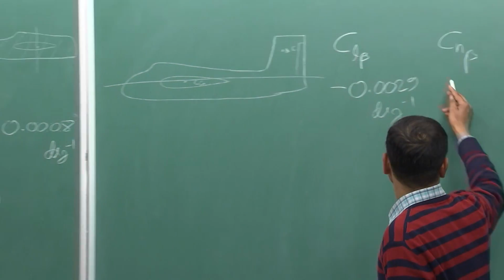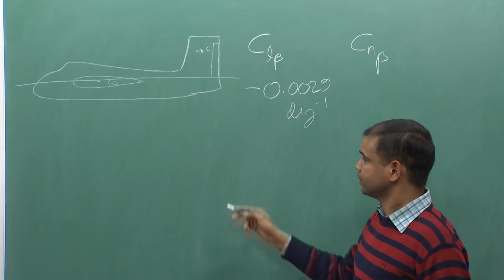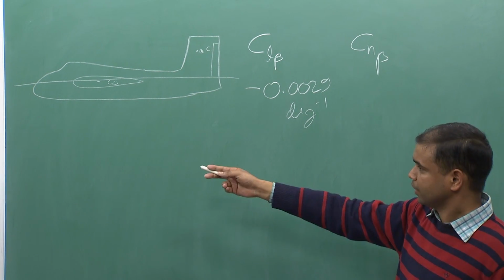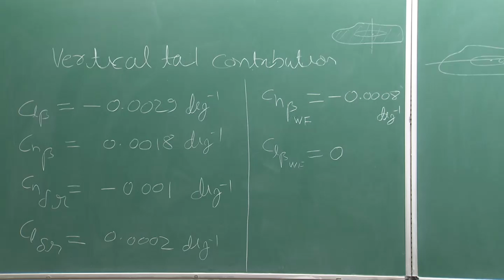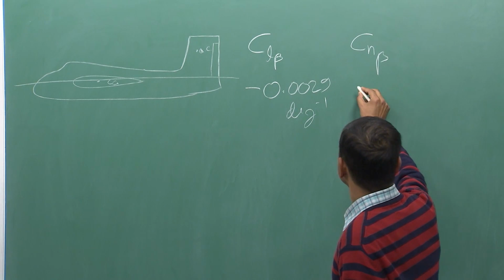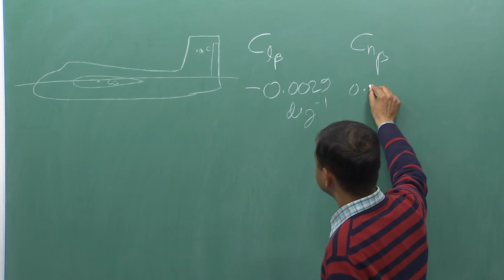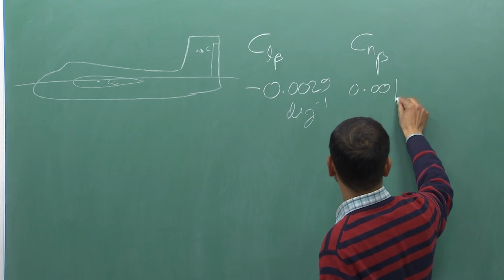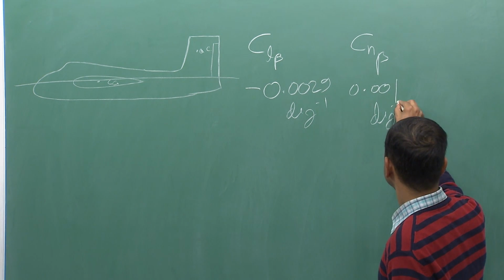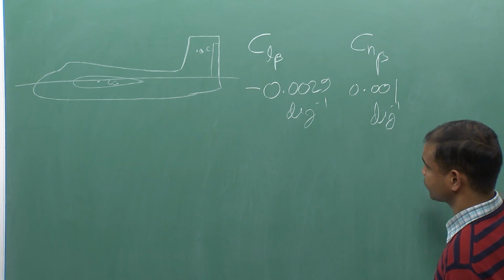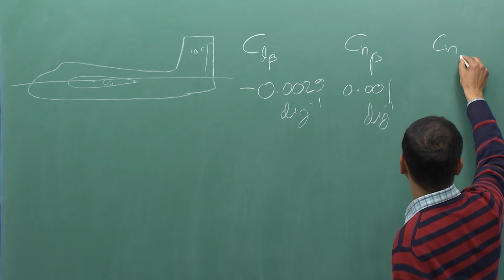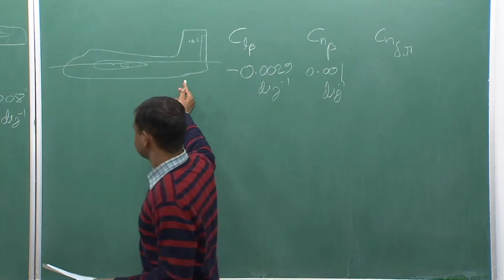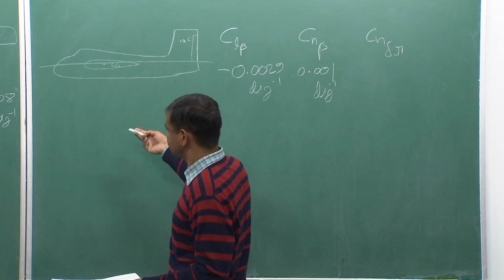So, what will be the value of the Cn beta for this configuration? We simply have to add. The wing and fuselage contribution is minus 0.008, and the vertical tail contribution is 0.0018. So, the net will be 0.001 per degree. Now, coming to Cn delta r. The contribution of the wing and fuselage is 0.